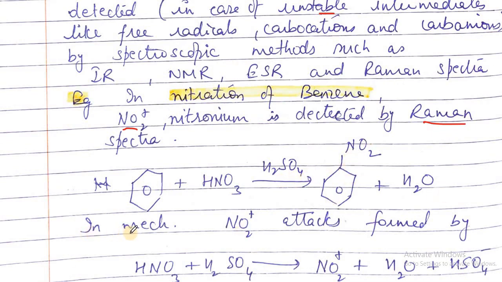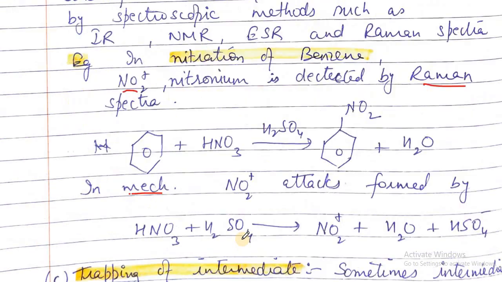But when we see its mechanism, this NO2 positive attacks, which indicates that it is an electrophilic substitution reaction. Nitric acid and sulfuric acid give nitronium ion plus water plus HSO4 negative ion.